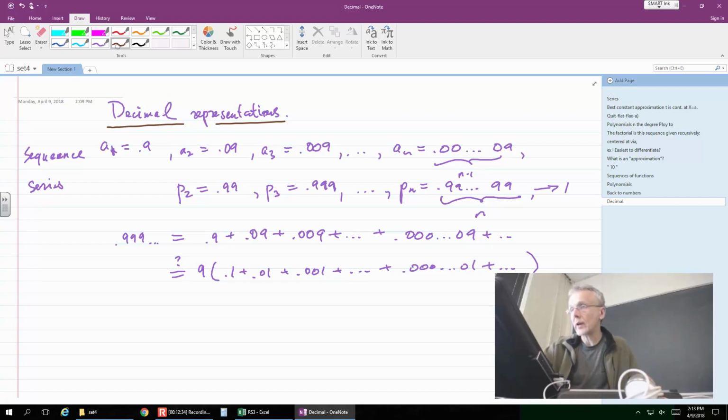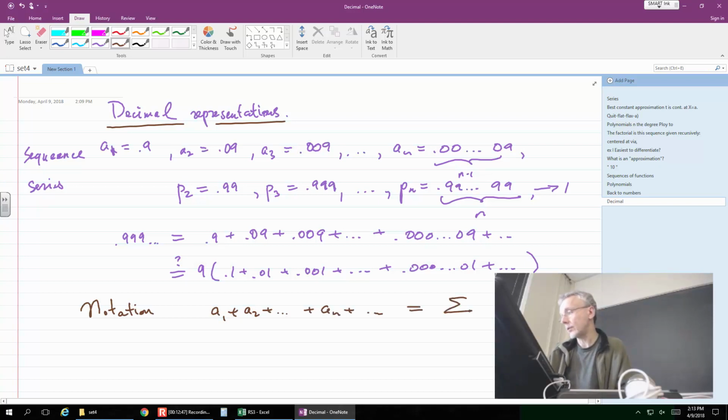As I mentioned, the notation is also the sigma notation. If I say a1 plus a2 plus and so on, I can also write it as the sum of a_k, k from 1 to infinity.